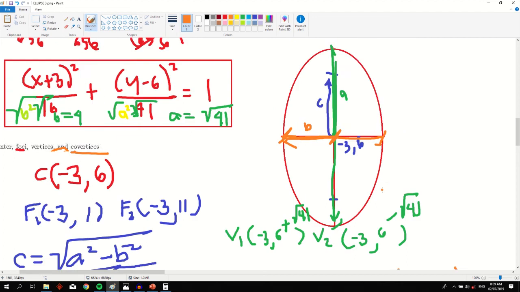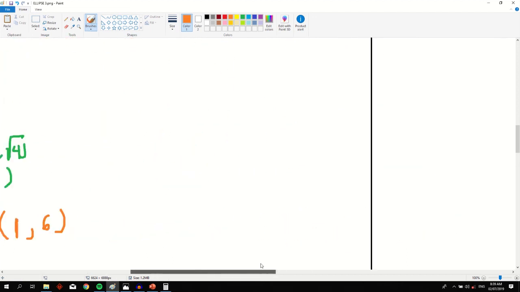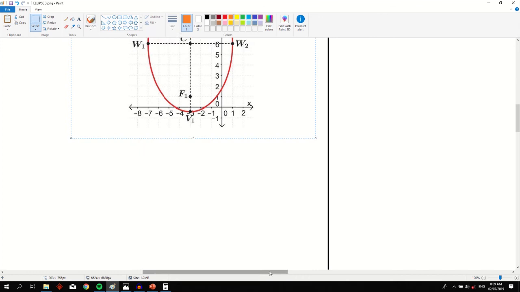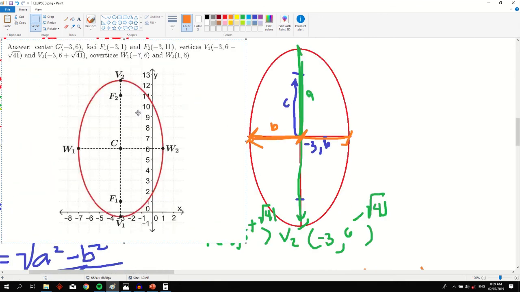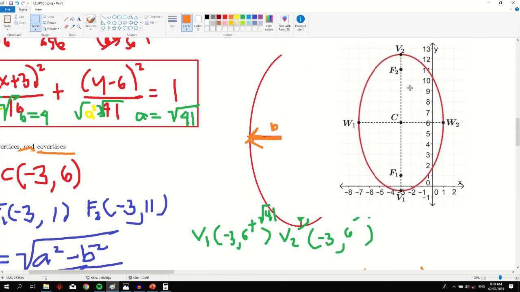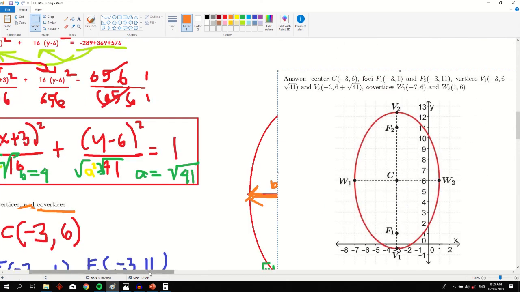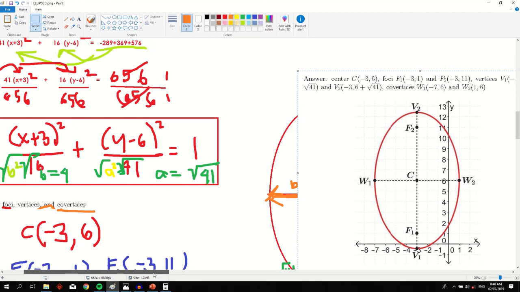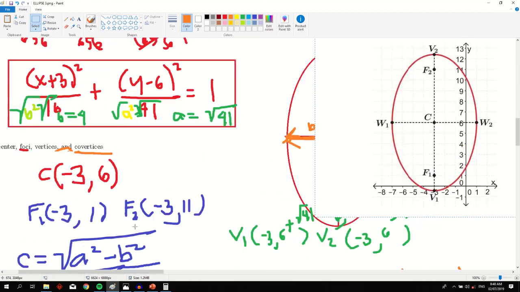So we will check our answers if this is correct. Alright, so our answer is here. As you can see with the graph, it is almost the same as ours. Oh, look at that. So we have here the answers. The center is negative 3, 6, correct? Sorry, the foci are negative 3, 1 and negative 3, 11.